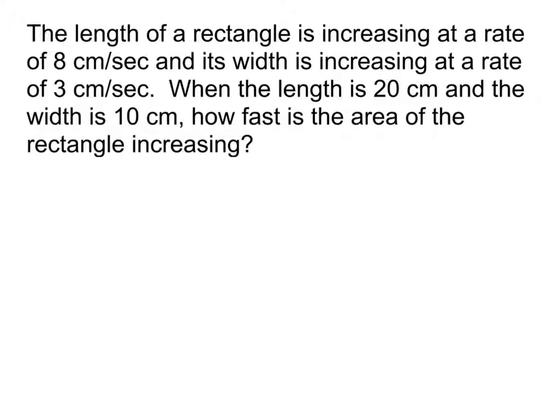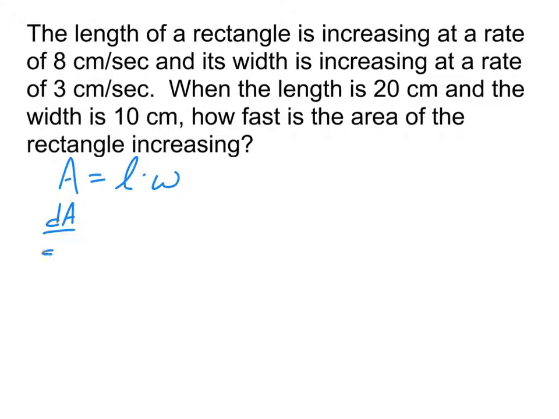So, area of a rectangle. Simple enough equation, right? Area equals length times width. And so, now I can go ahead and find the derivative of that equation with respect to t. In fact, this hopefully seems like a familiar derivative because it actually came up on last night's assignment. This is the one where we end up having to use the product rule.